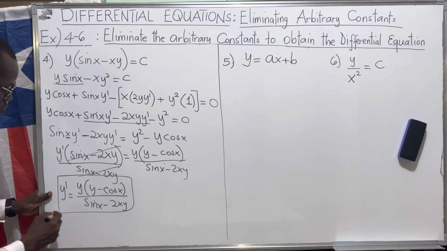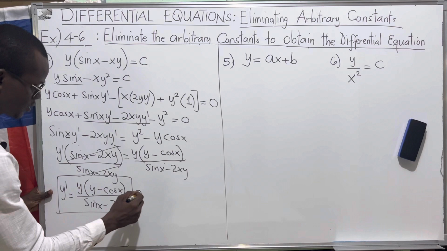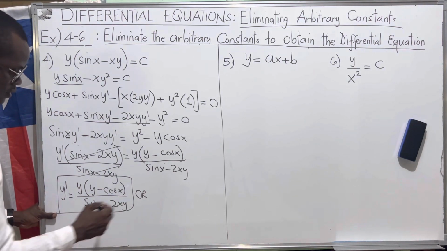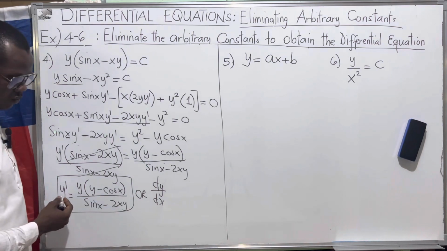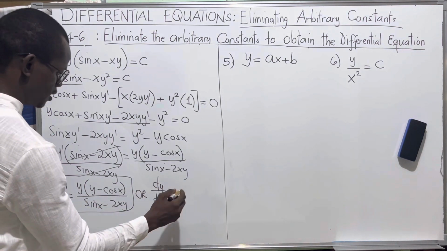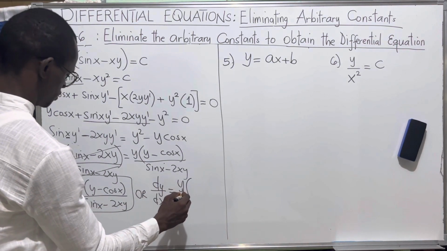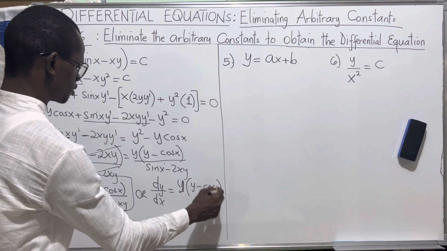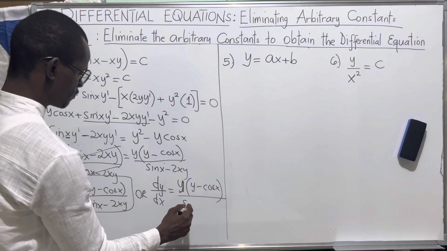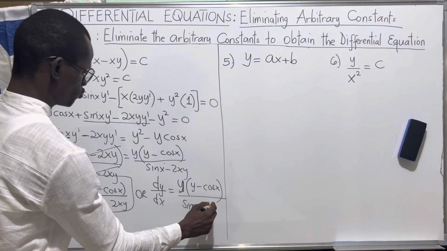So this is a differential equation. Or you can rewrite it as dy by dx, thereby changing y prime to dy by dx, equals y times y minus cos of x all over sine of x minus 2xy.